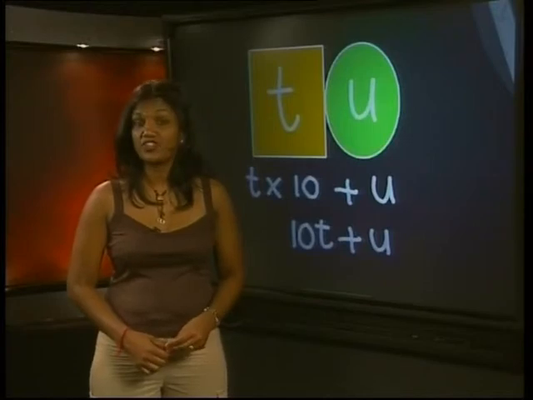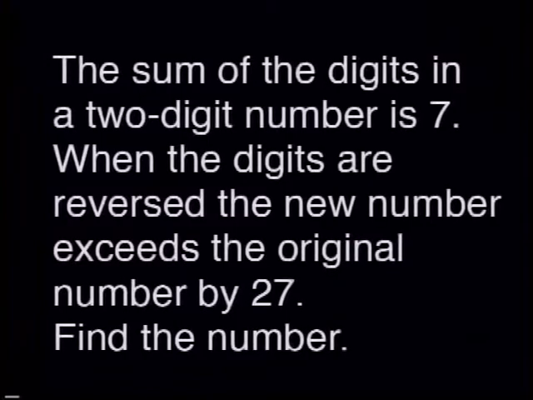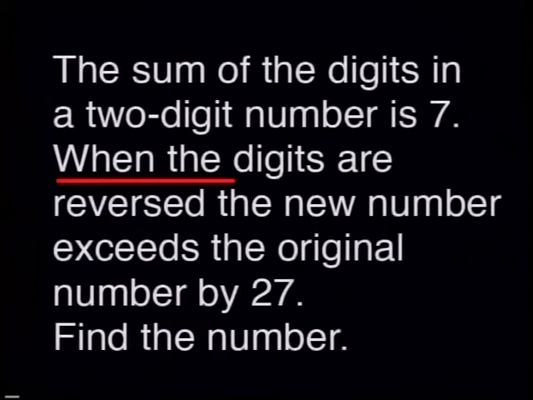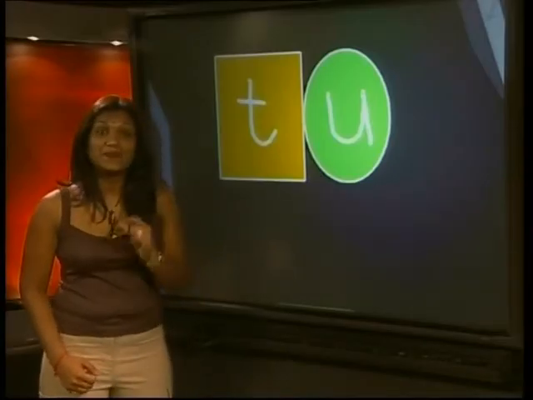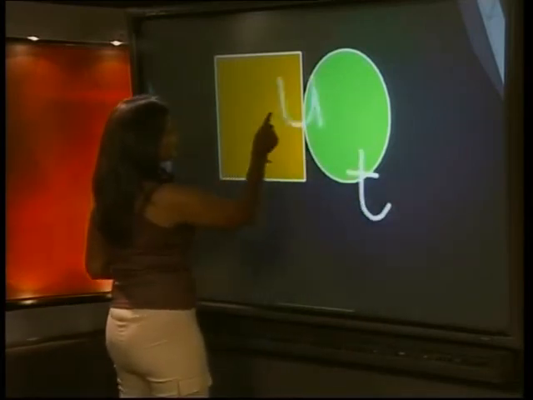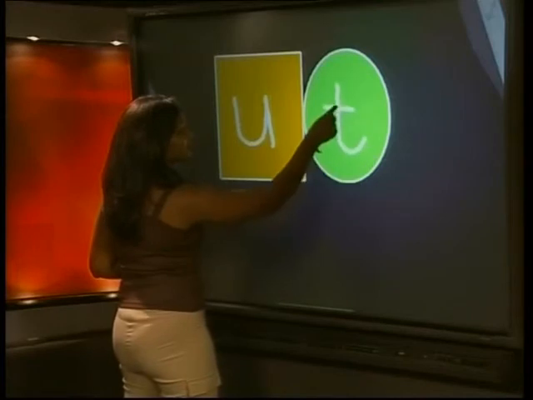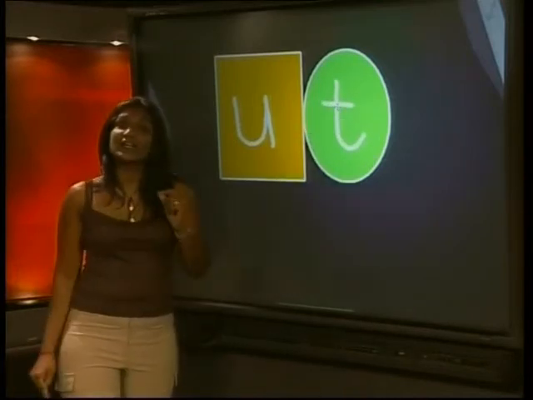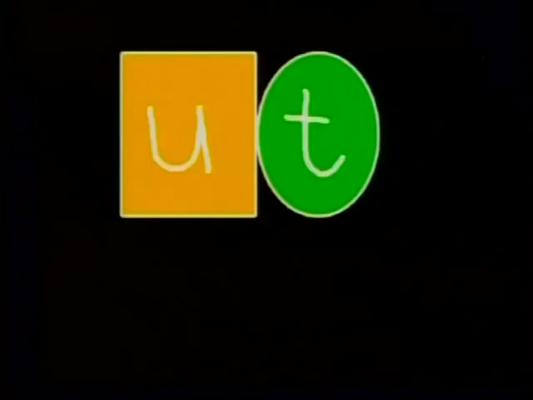What other information can we get from the question? The question says when the digits are reversed. What does this mean? It means that we swap them around. So instead of having TU, we have UT. Can you see that we just reverse the order in which the digits appear? But what is the value of UT?